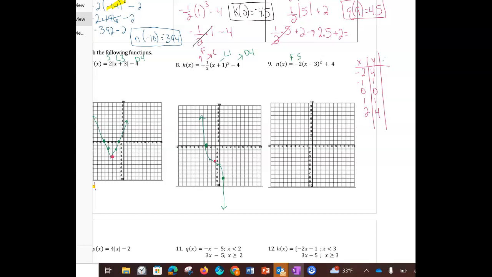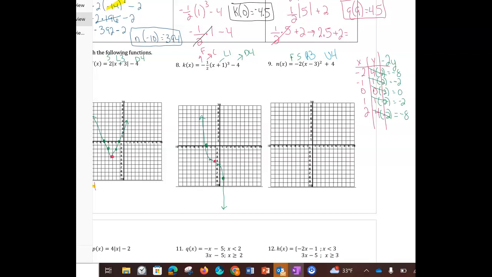So all of these are about to be multiplied by -2. So I get -8. I get -2. I still get 0. I get -2. And I get -8. And then these are all done. All right, I will also be having a right 3. But now it's going to be moving up 4.